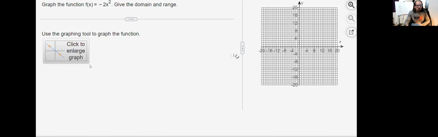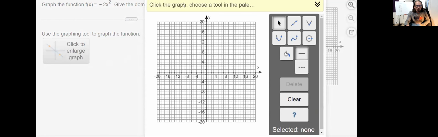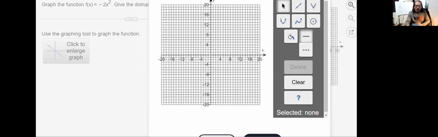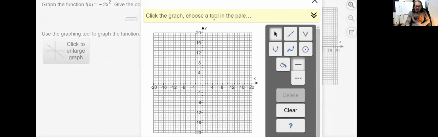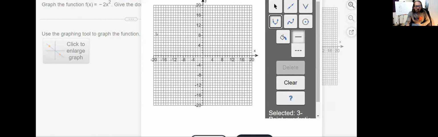To get it to graph on MyLab, then we're going to press click to enlarge graph and select the parabola shape here. And we could take -3 comma, instead of 9, multiply 9 by -2, it's going to be -3 comma -18.